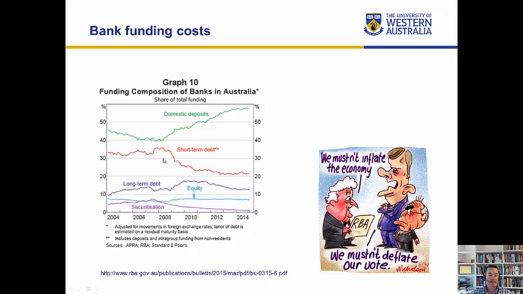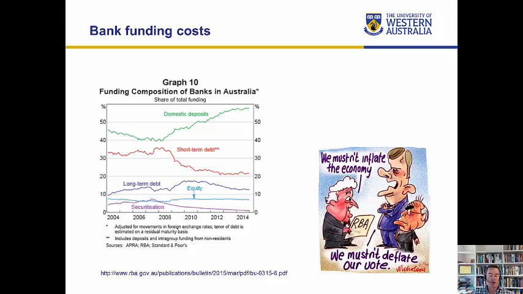However, the fact is, they were moving away from short-term debt in 08-09, which has a low annual interest rate, and towards long-term debt, which has a higher annual interest rate.